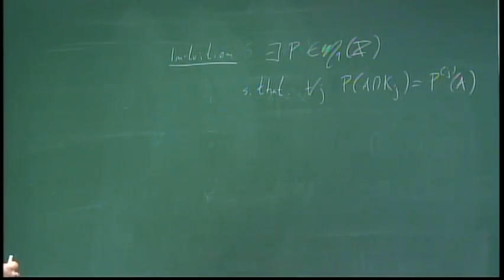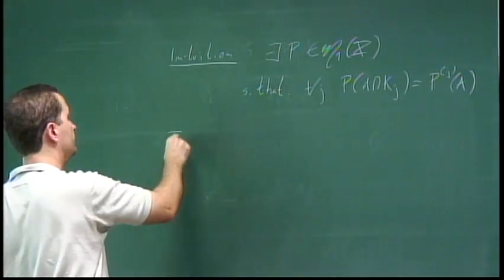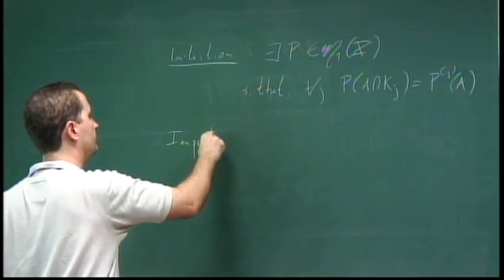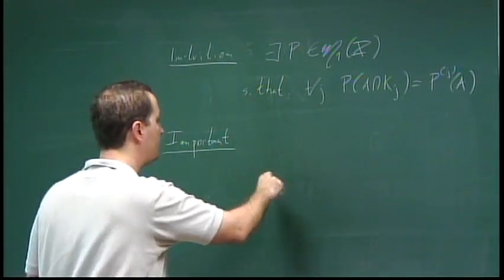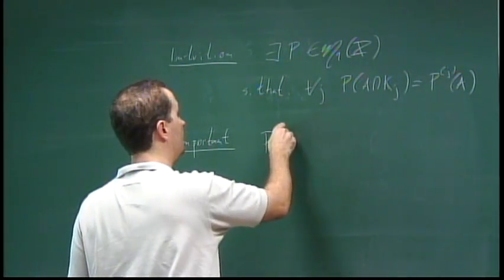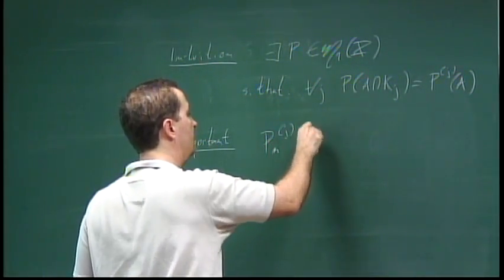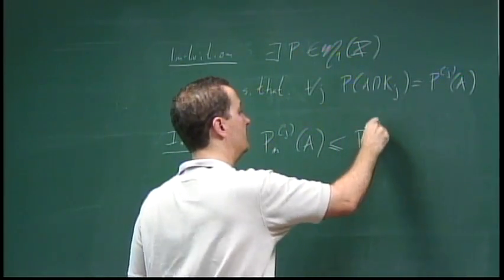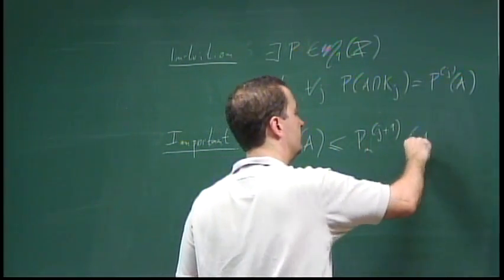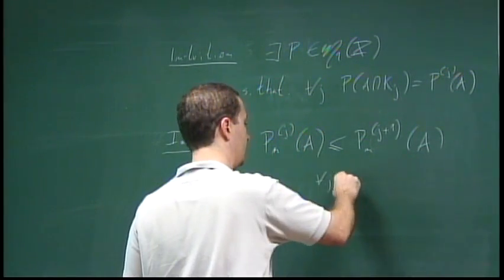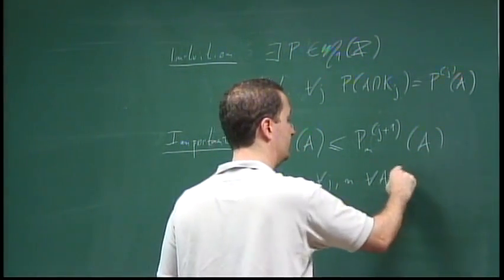So how are we going to define this? An important point is just from the way the measures are defined, you have that Pn j of A is less than Pn j plus 1 of A for all j in N and for all A in the Borel sigma field.